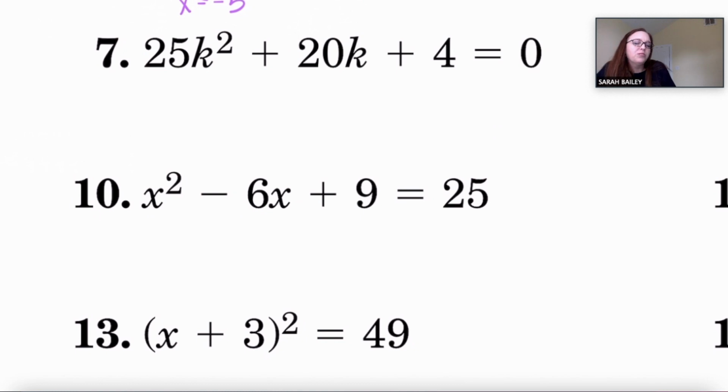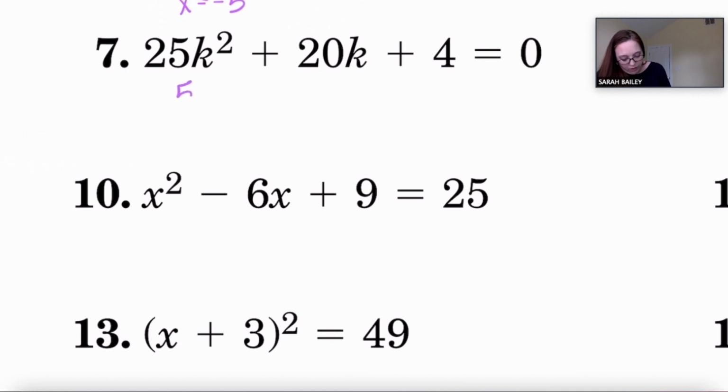Let's look at number 7. So number 7 may be a perfect square trinomial, right? When you look at that one, that would be 5k, that's a 2. 5 times 2 is 10. Double it, you get 20. So it should be a perfect square trinomial. You can always go the long route.